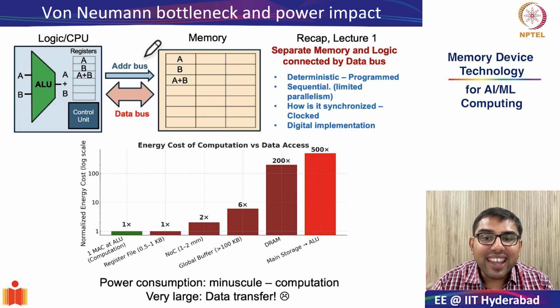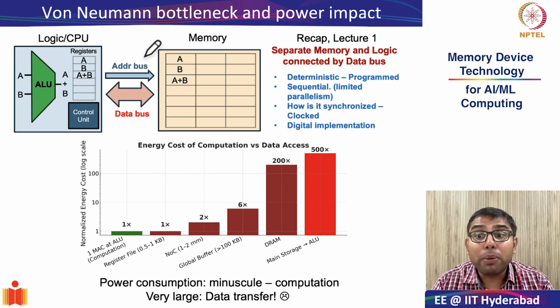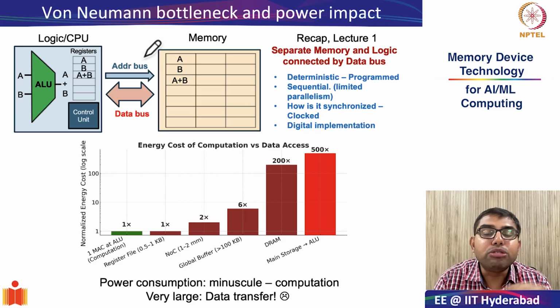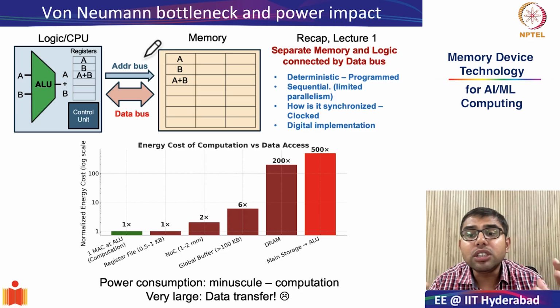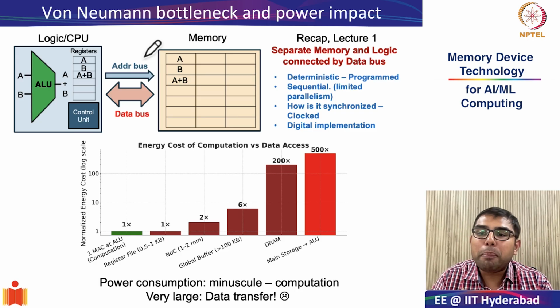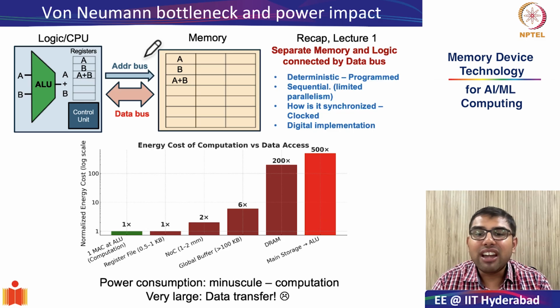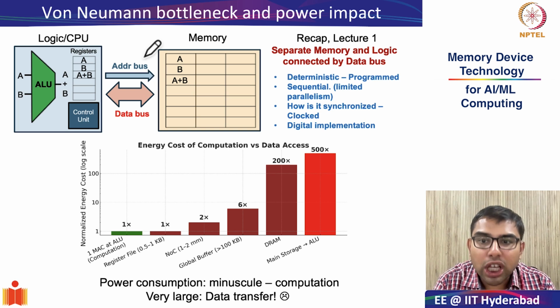Now, when we think about AI ML algorithms, most people assume that the huge energy consumption comes from computation, the billions or trillions of multiply and accumulate operations performed in training and inference. But detailed analysis paints a completely different picture.